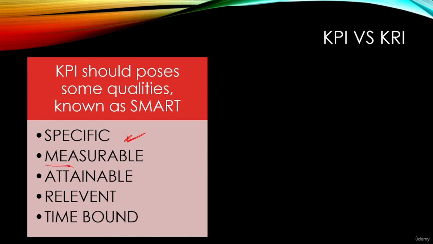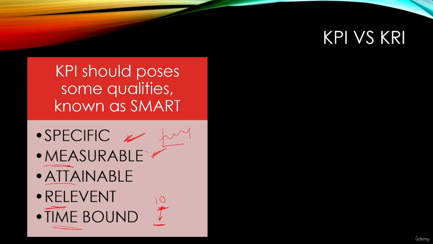It should be measurable, so it gives me a quantitative value, and based on this value I can identify the norm, the baseline, and the out-of-norm status. It should be attainable, which means it is achievable and really happens in real life. Relevant, which means it is relevant to the process or control that I'm trying to evaluate. And time-bound, which means that if I get a specific value, this value can be easily mapped to a specific timestamp, time range, or time window.